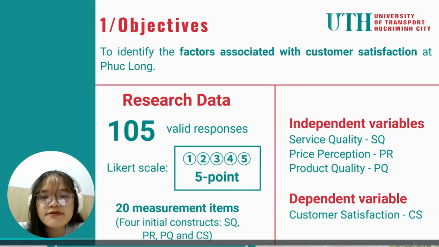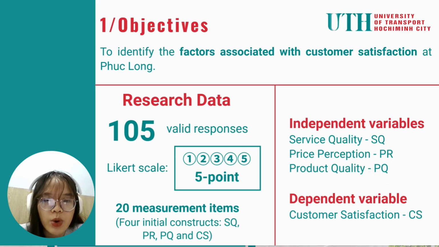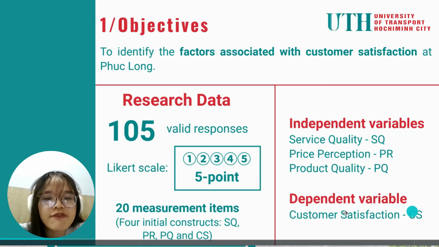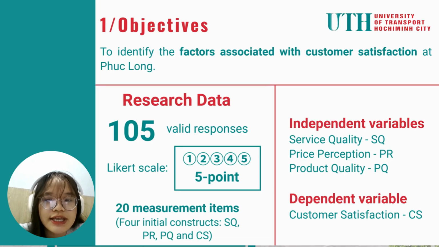The main objective of this research is to identify the factors associated with customer satisfaction at Footlong. The research model contains the independent variables service quality, SQ, price perception, PR, and product quality, PQ. Besides, we have the dependent variable, which is customer satisfaction, CS.